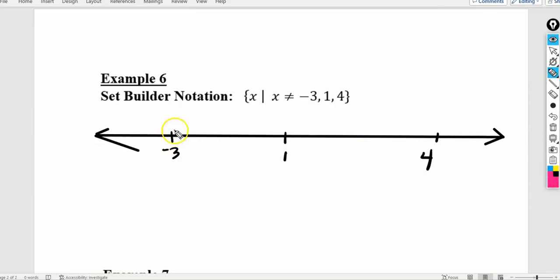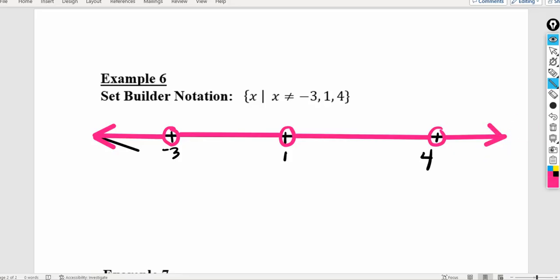Okay, and so I hollow out -3. It's not allowed to be -3. It's not allowed to be 1. It's not allowed to be 4, but it can be anything else. So X is any number except the ones that are listed.